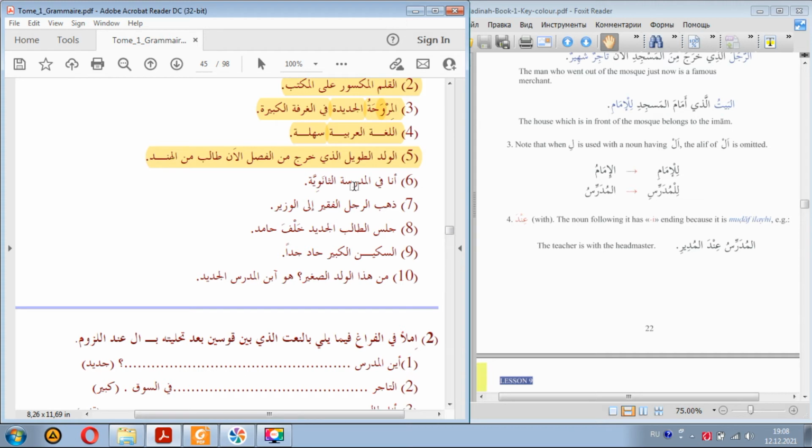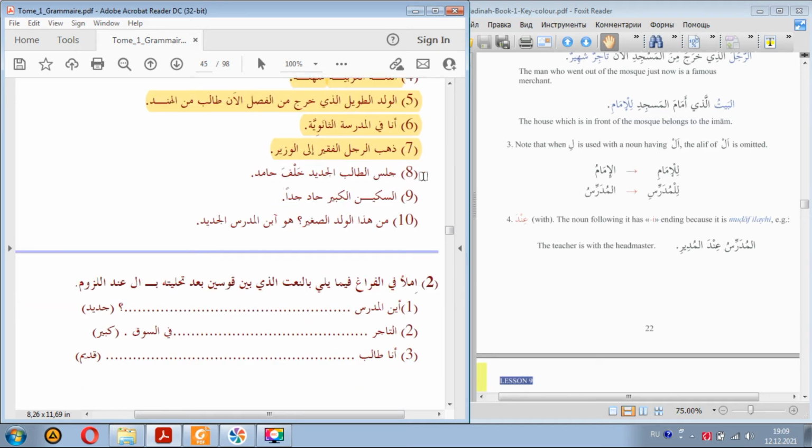I'm in high school. المدرسة الثانوية. أنا في المدرسة الثانوية. ذهب الرجل الفقير إلى الوزير. الرجل الفقير, a poor man, or the poor man went to the minister. جلس الطالب الجديد خلف حامد. The new student sat down behind Hamid.